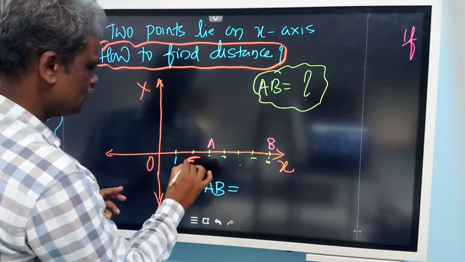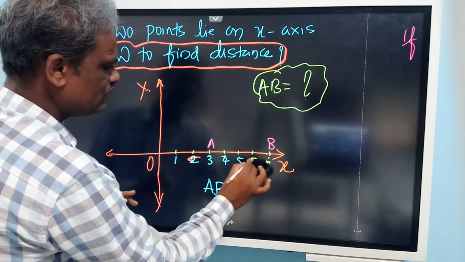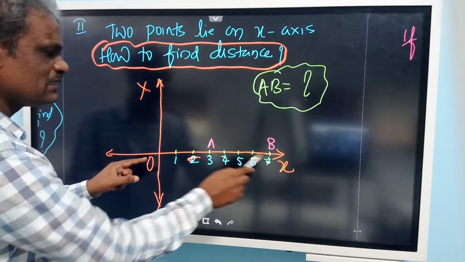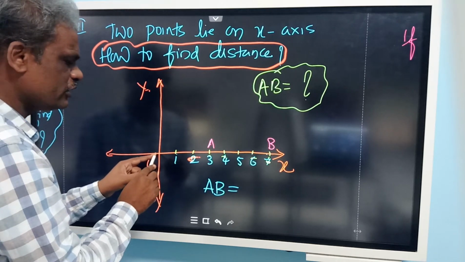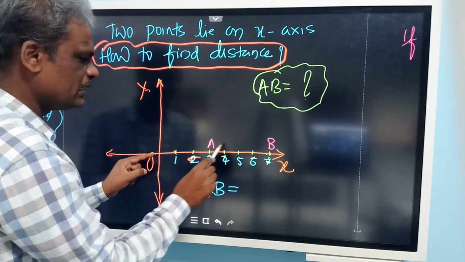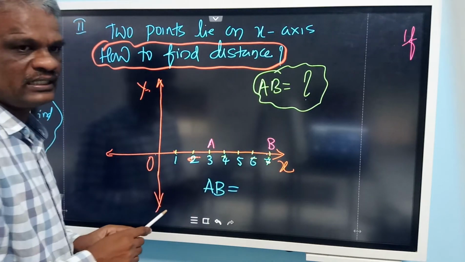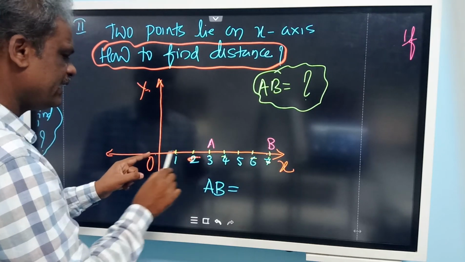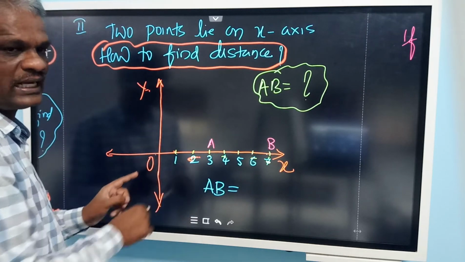So this is 1, 2, 3, 4, 5, 6, 7. See now, this 7 is the distance from the origin, from the y-axis. 1, 2, 3, 4, 5, 6, 7. 7 units are there. Okay. So now this town, this A, is 3 units away from this axis.